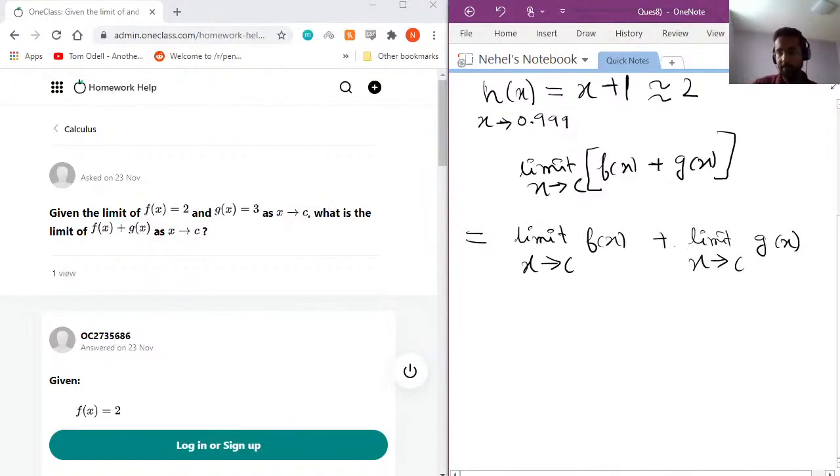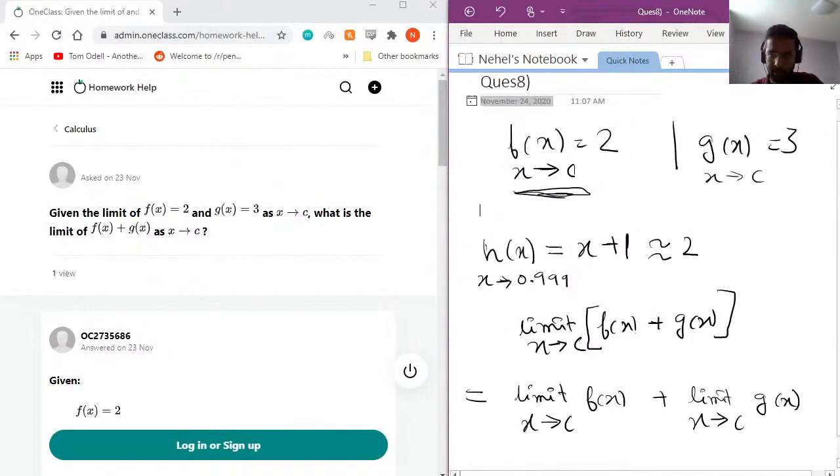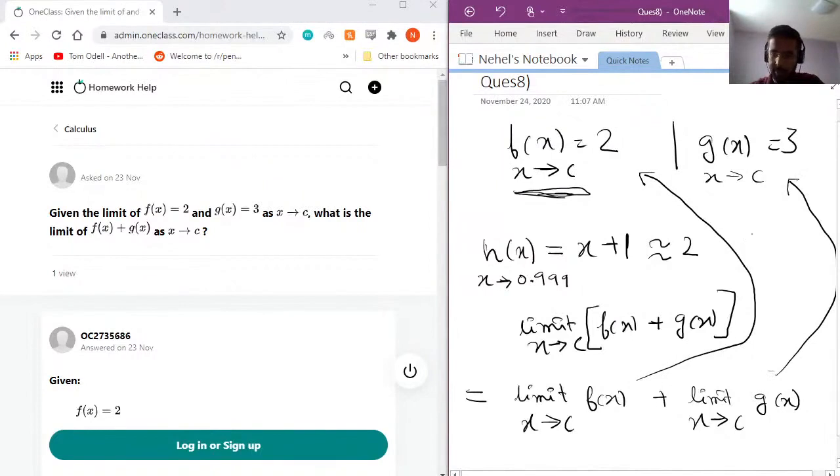From here the solution becomes very straightforward because we are already given the two limits. We know the limit of f of x when x tends to c, and we know the limit of g of x when x tends to c as well. As we had noted down previously, we can use this expression here for the f of x term, and this expression here for the g of x term.